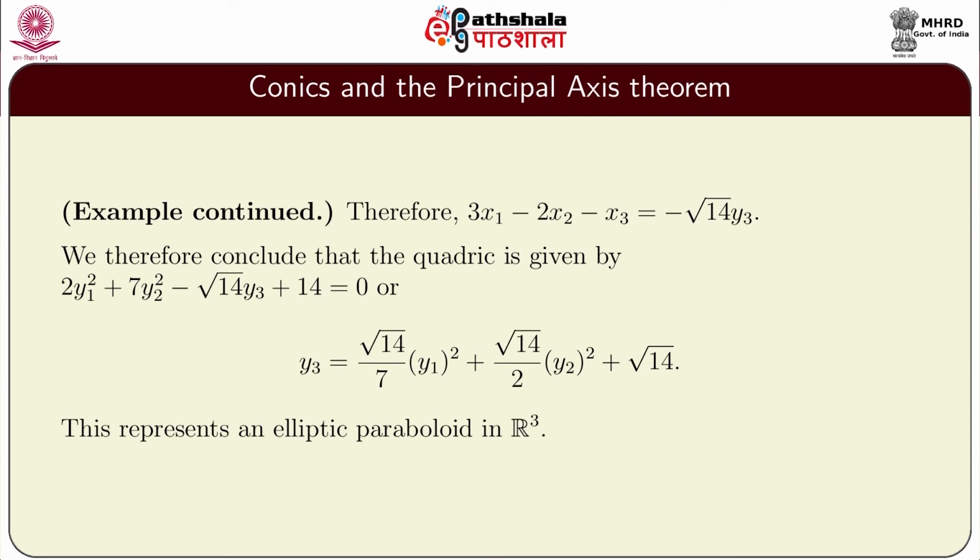So, the new expression for the quadric is y3 is equal to square root of 14 by 7 y1 square plus square root of 14 by 2 y2 square plus square root of 14, and this in fact represents an elliptic paraboloid in R3.